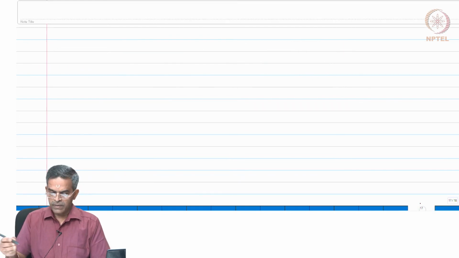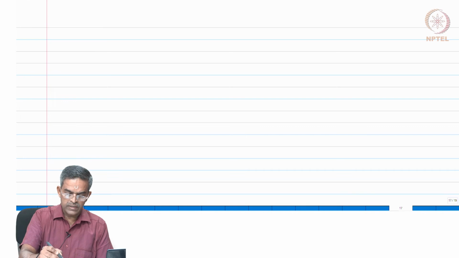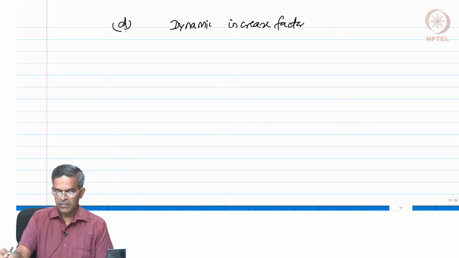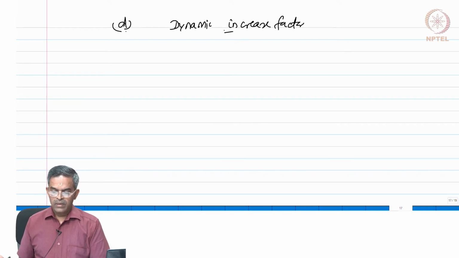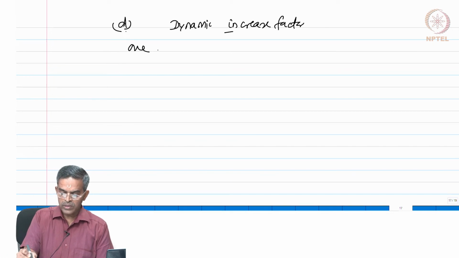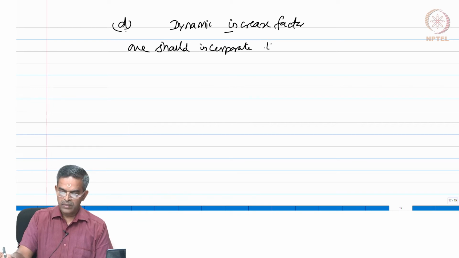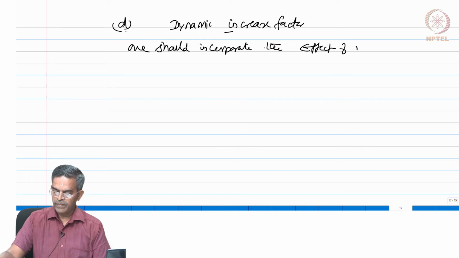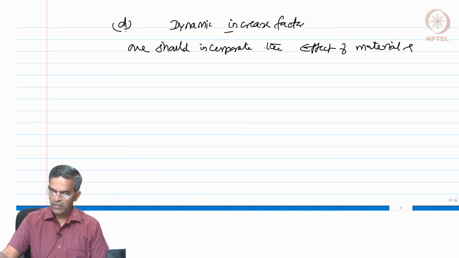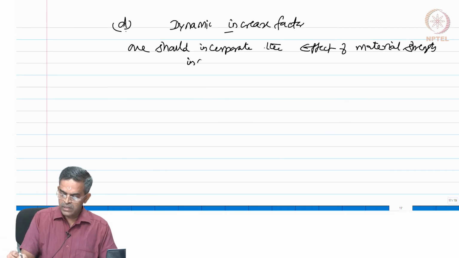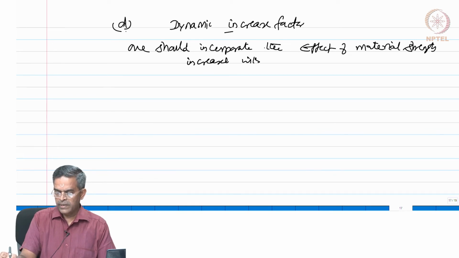Let us look into the next factor, which is very interesting for us, which is dynamic increase factor. Now, we want to incorporate, so one should incorporate the effect of material strength increased with the strain rate, isn't it?